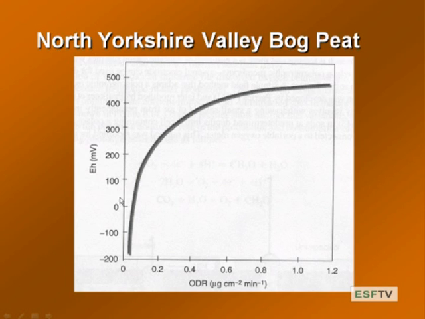Okay? So we look at the plot. If you plot EH in millivolts by the oxygen diffusion rate, as you increase the EH, you increase the oxygen diffusion rate. So what's that point of oxygen diffusion rate, in micrograms per centimeter squared per minute, that we said was limiting and started to result in top growth ceasing? 0.3. Okay, so right about here.